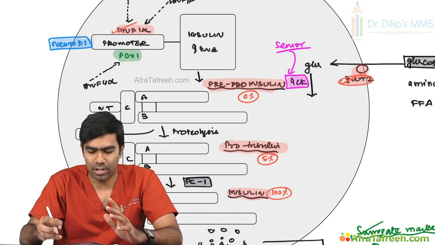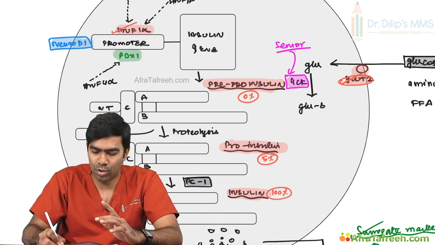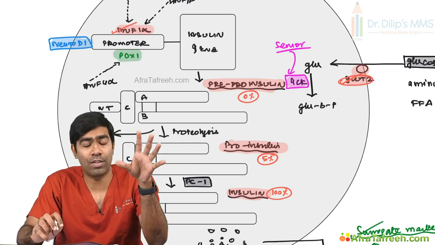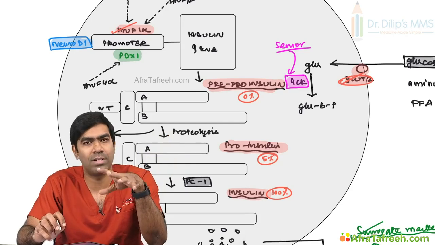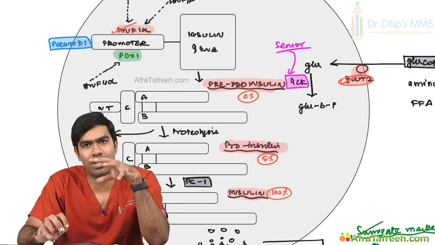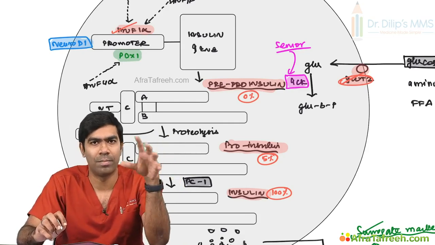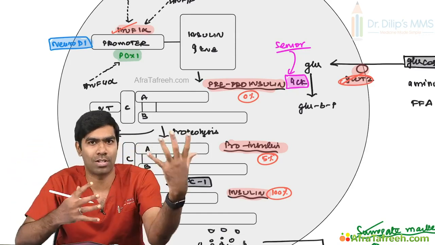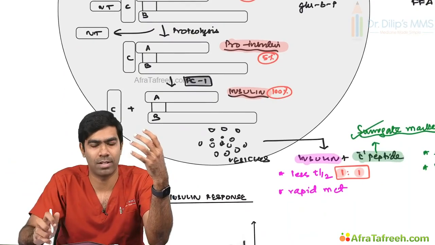So that's very special, and it's going to convert the glucose to glucose 6-phosphate. And this is not special at all, because conversion of glucose to glucose 6-phosphate happens in any other tissues through glycolysis. But this glucokinase is a specialized enzyme here and in the liver, because they are going to perform this sensing function. They're going to sense how much glucose is coming into the beta cells of the pancreas.